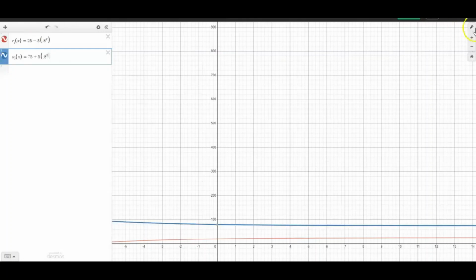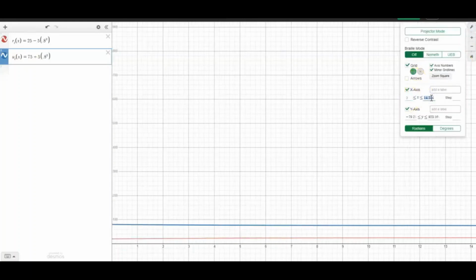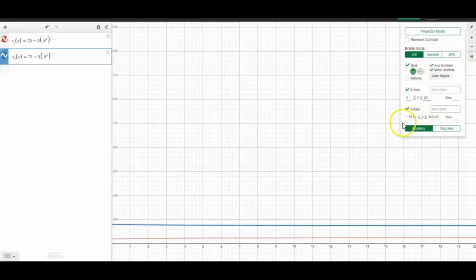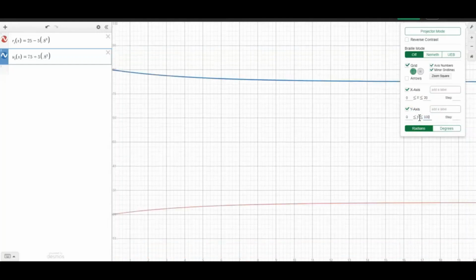And let's zoom in on a scale: we'll go from time 0 to time 20, and from y equals 0 to y equals 100.